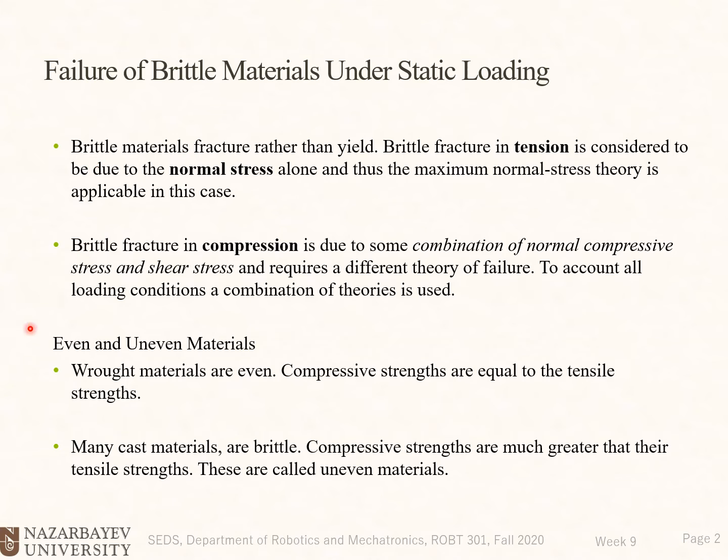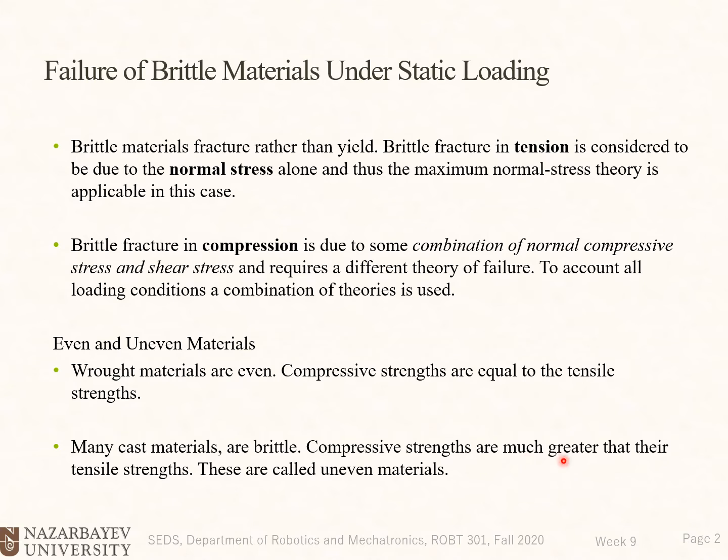Now, brittle materials could be either even or uneven materials. For example, road materials are even. What are even materials? Compressive strengths are equal to the tensile strengths. And many cast materials are brittle, but they are uneven brittle materials.